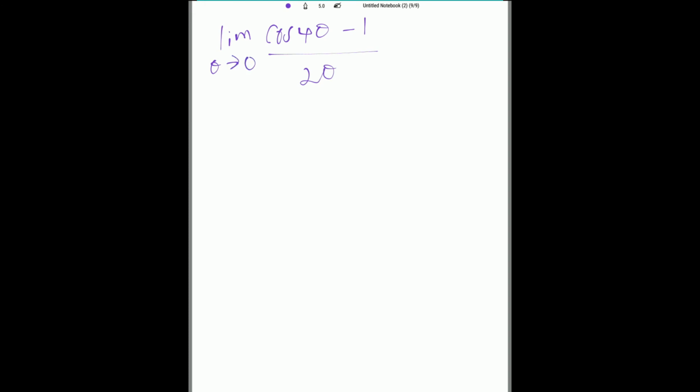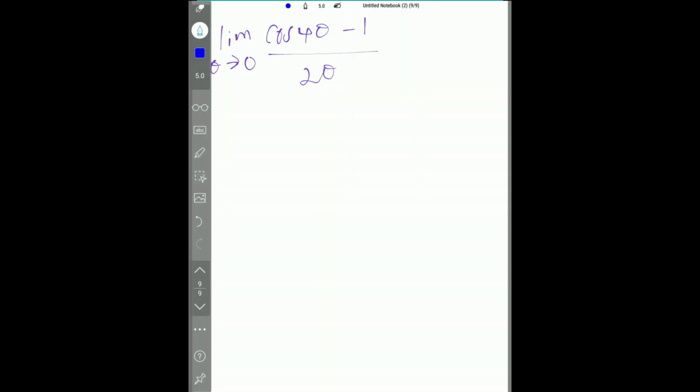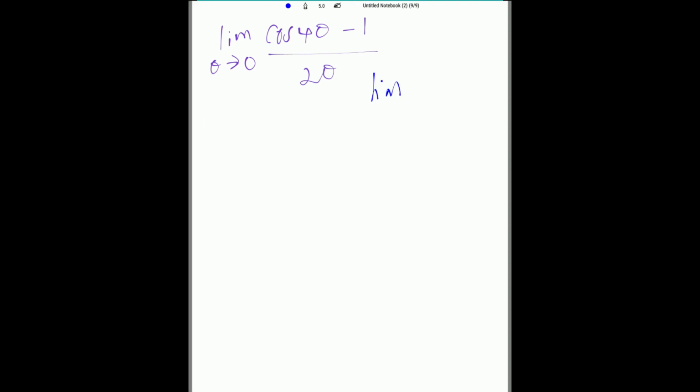Keep in mind that the special fact that we want to exploit is that the limit of cos theta minus 1 all over theta as theta approaches 0 is equal to 0. To take advantage of that, we have to ensure that this term and this term are the same. So how do you do that?